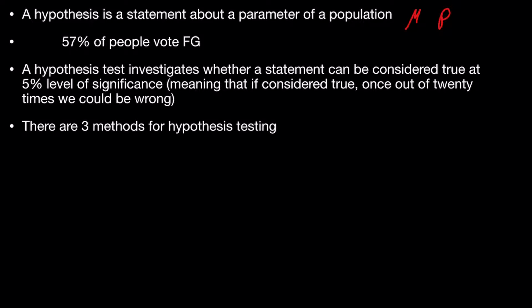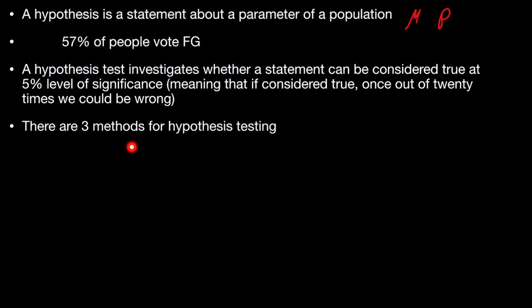So we would build a sample, and the sample proportion would indicate that 57% of people do indeed vote Fine Gael. So we say yes, this statement is true, but in 1 out of 20 cases we would be wrong. And we just need to take this into consideration when we're doing hypothesis testing.